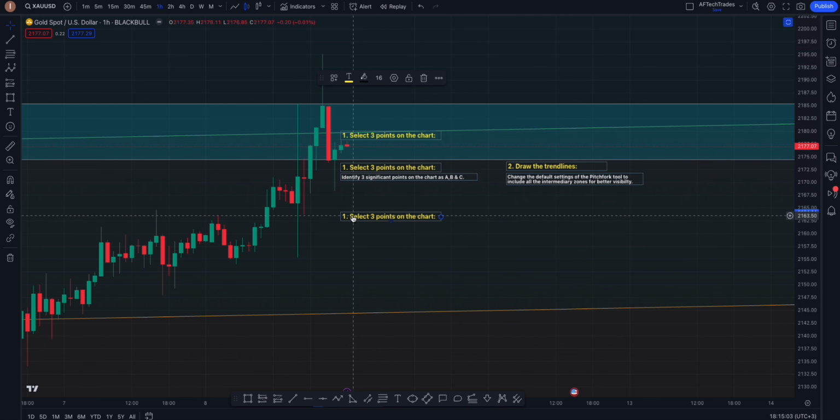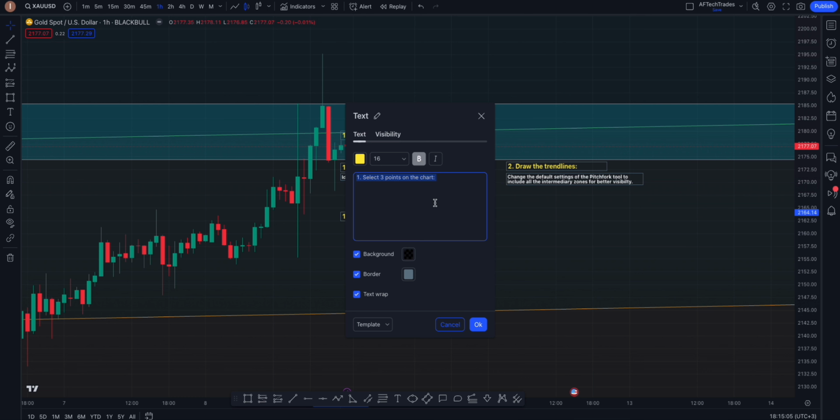Point 3 would be identify support and resistance zone on the tool.